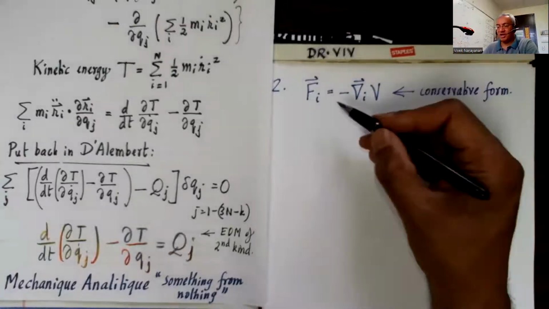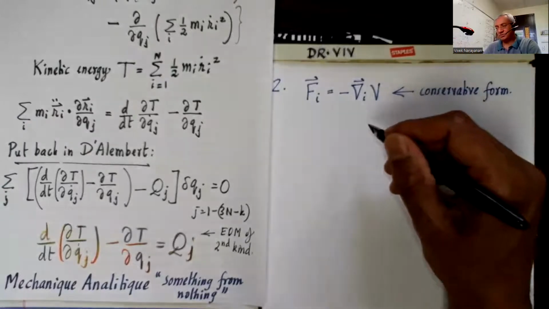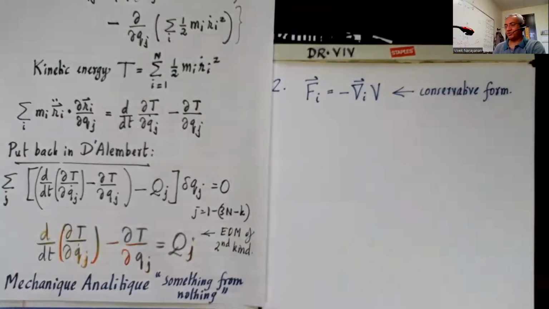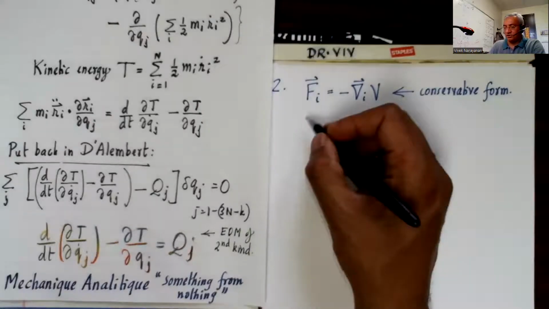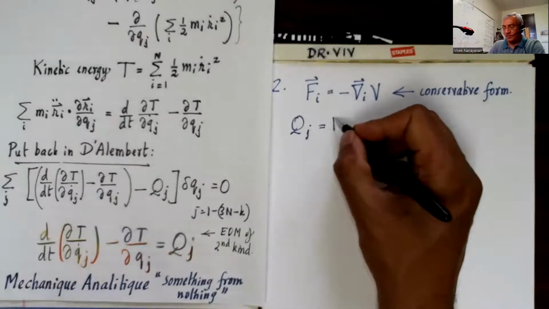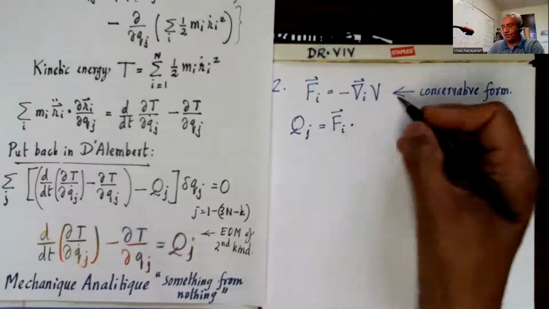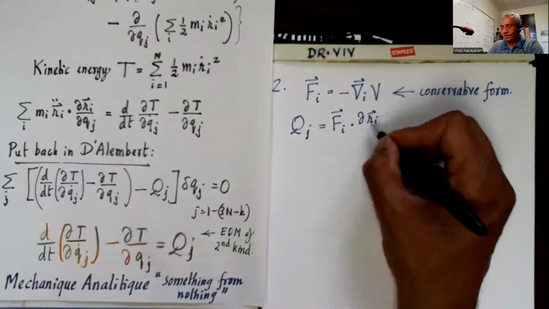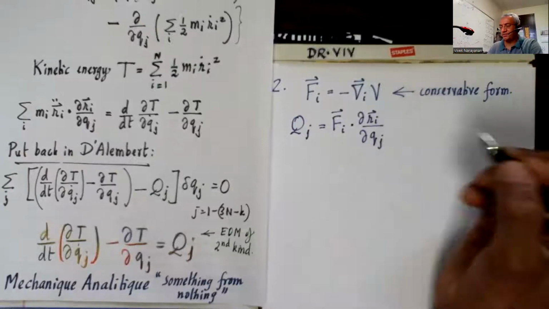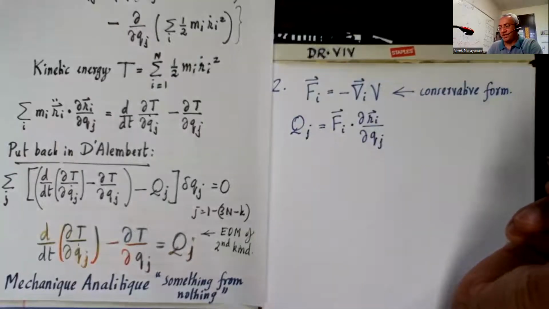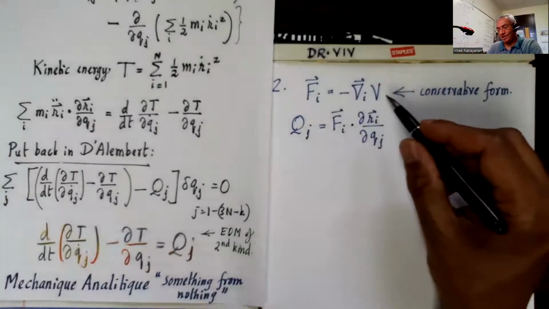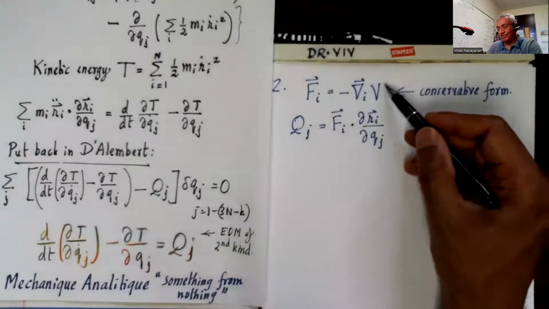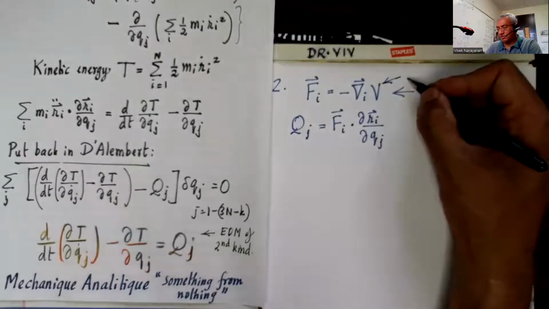That's the assumption we're making. And i now runs only from 1, 2, and 3. So you don't really have more terms than that. So now the Qj will become Fi dotted with del Ri over del Qj. All right, so let's look at this. I'm sorry, I made a misstatement there. The V's can depend on all of the coordinates.